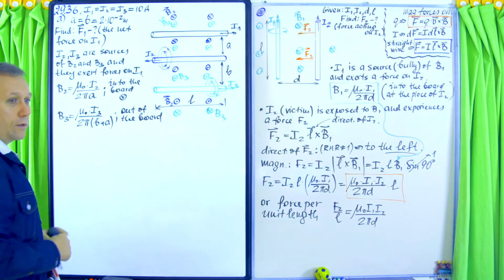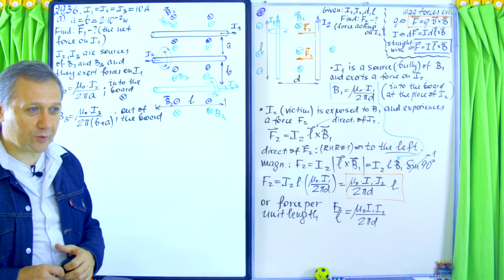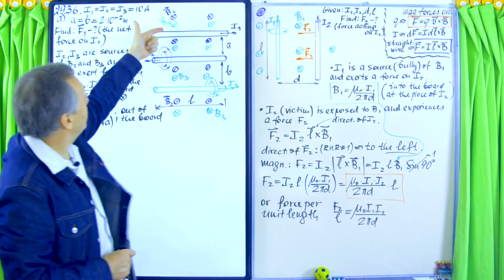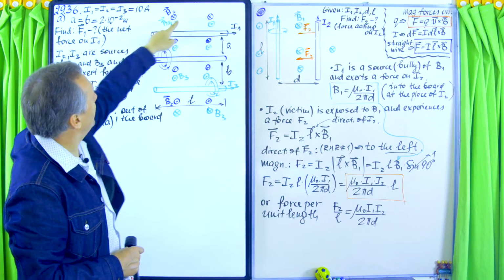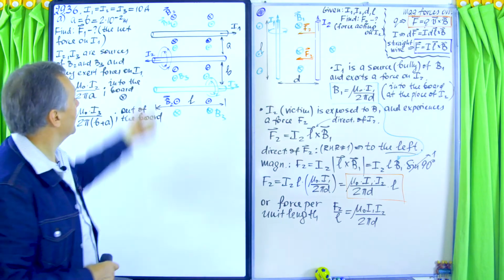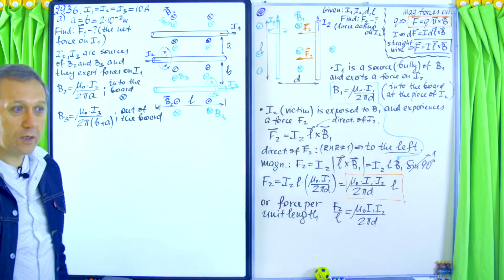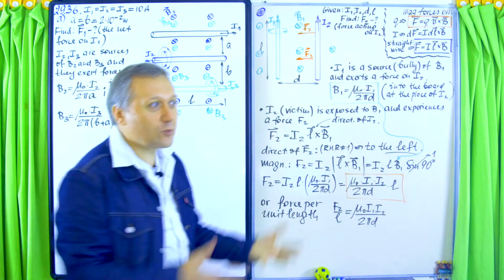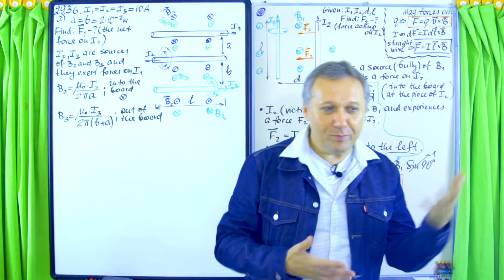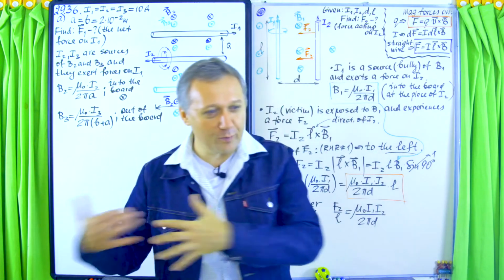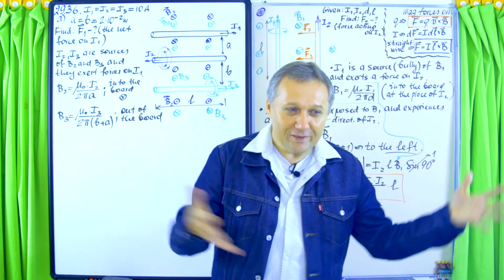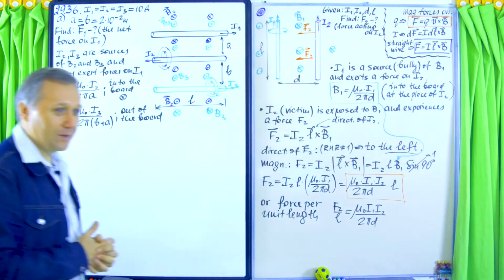So now, can you tell me which field is going to be stronger? Because now you see at the place of the wire I1, both of these fields are in opposite directions. B3 is out, B2 is in. So we need to make a decision. Should I subtract B3 from B2 or B2 from B3? So that I will get the positive number at the end, right?